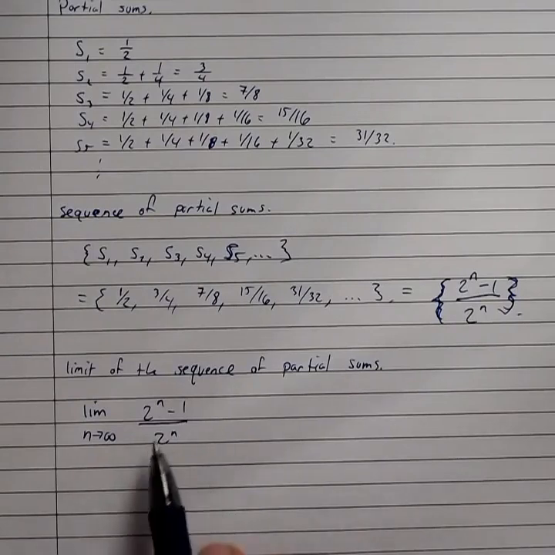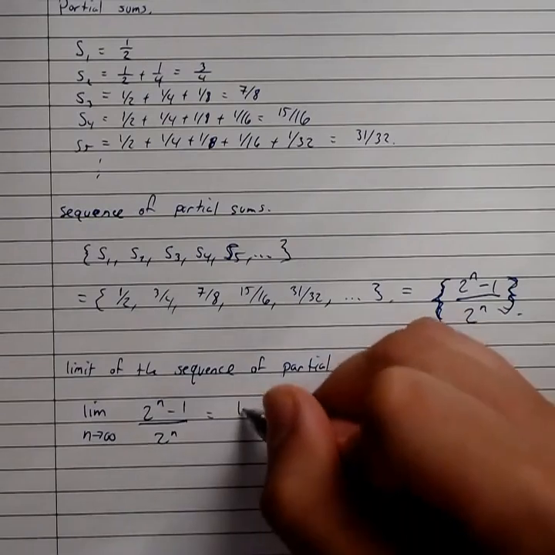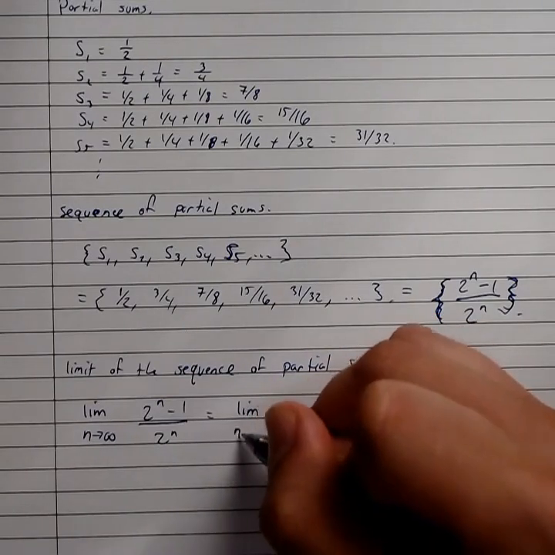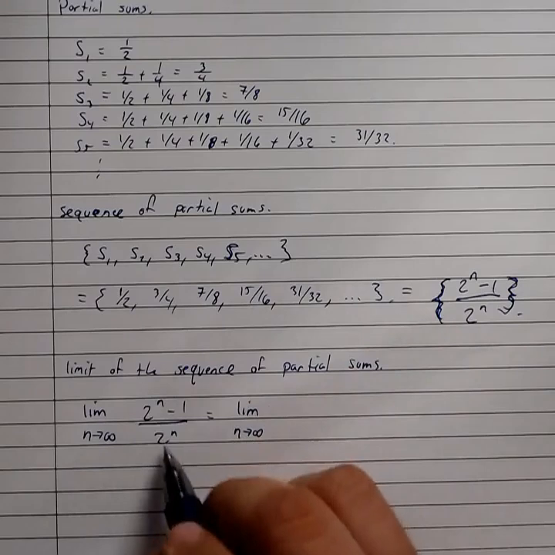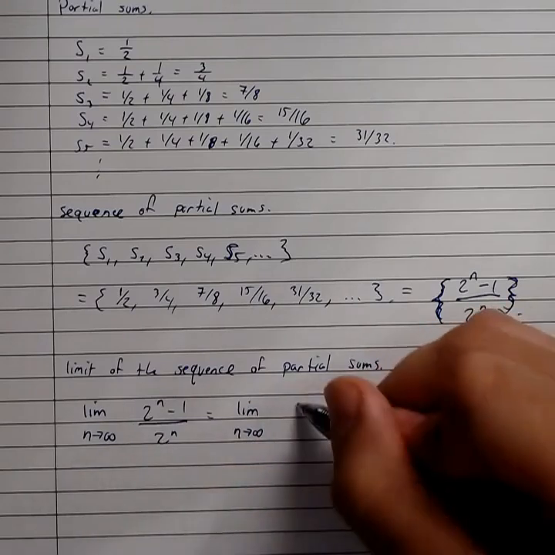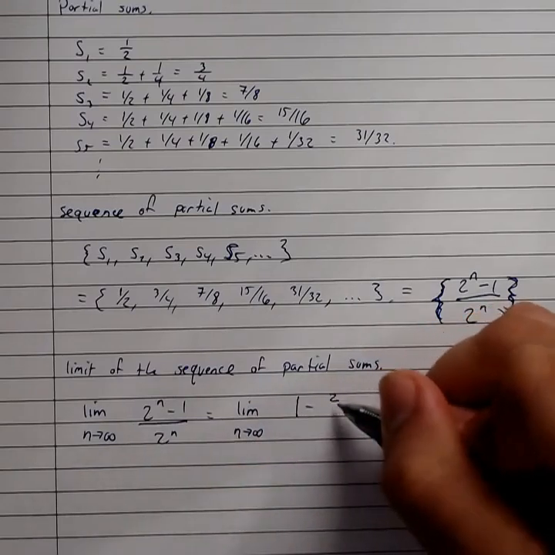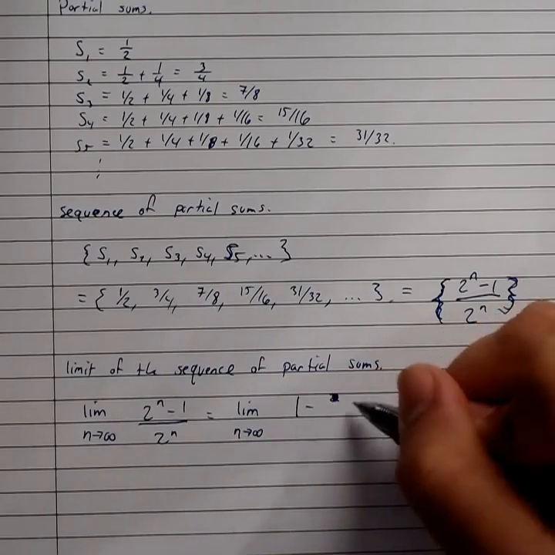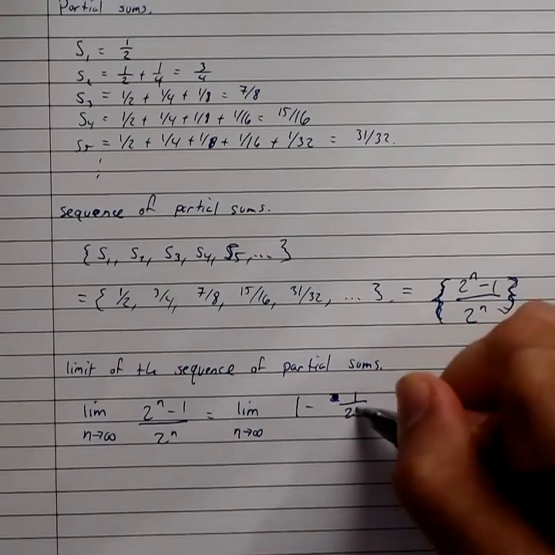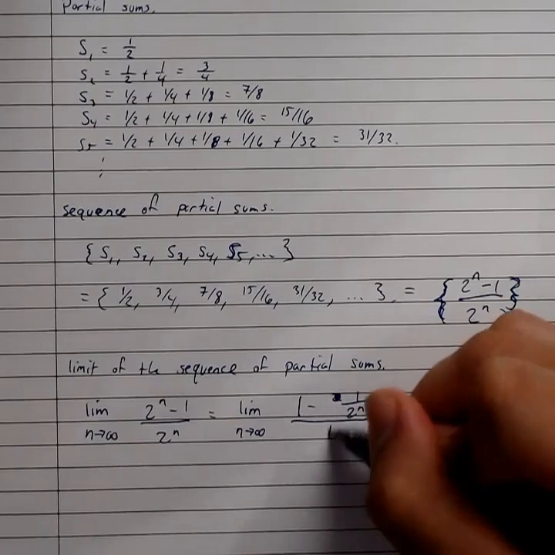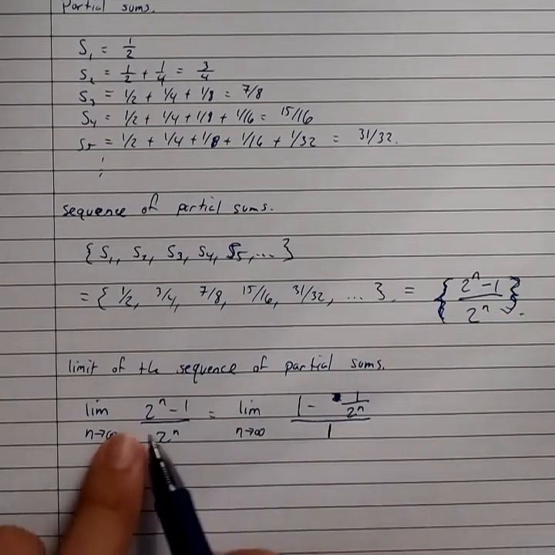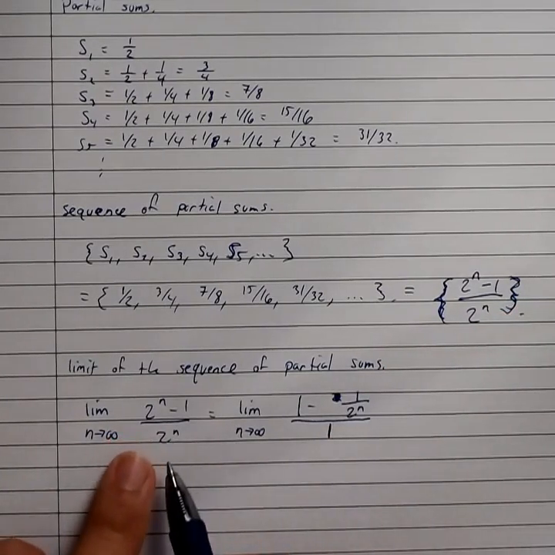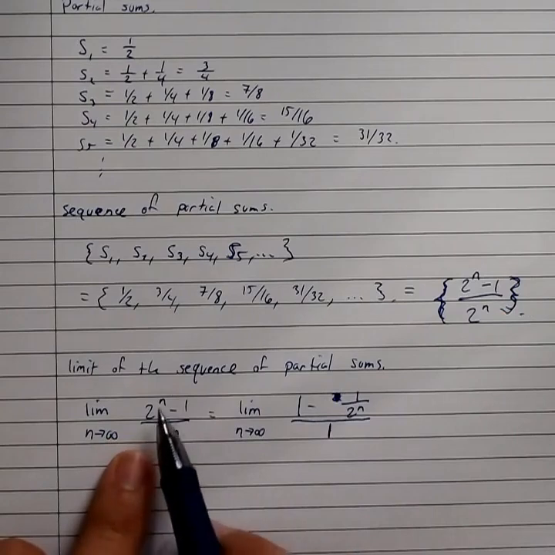Okay, but now I could rewrite this. I could divide the top and bottom by 2 to the power n. We're back in Cal 1. We're dividing out by the biggest powered term. So this will give us 1 minus 1 over 2 to the power n, over 1. All I did was divide everything in the numerator and everything in the denominator by 2 to the power n.